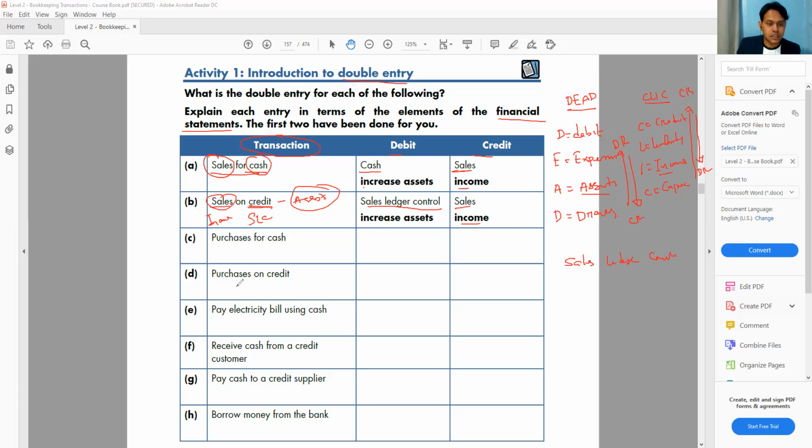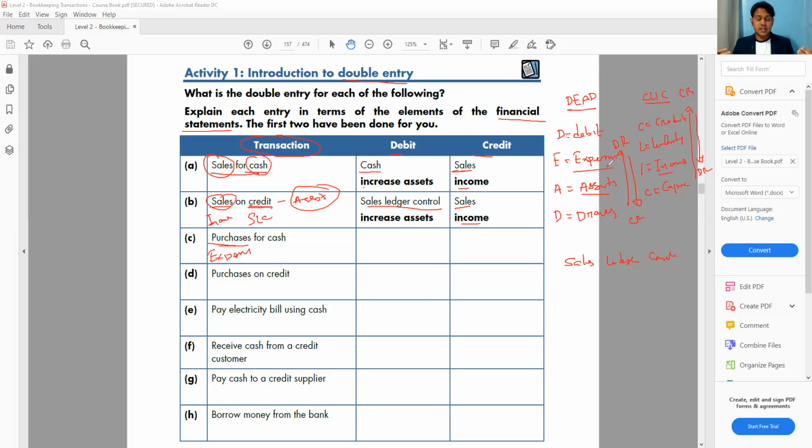The next one, purchase for cash. There are two things, purchase and cash. So when I buy something, let's say you buy a mobile phone, that's an expense for you, isn't it? When you buy something, it is always an expense for you. So purchase is always expense, and expense is always debit.